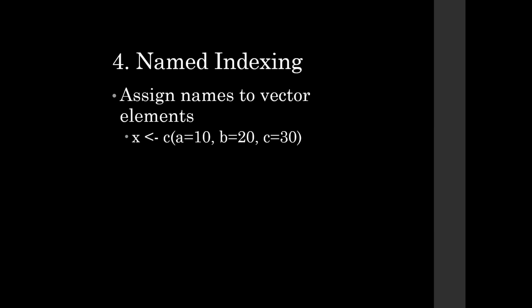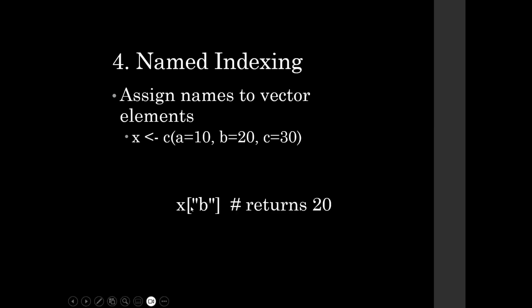Now you can also assign names to vector elements. For example, in this specific example, x is the vector object, assignment operator, followed by the combination of three elements 10, 20, and 30. So here by using the equal sign, you can assign them names. For example, 10 is assigned the name A, 20 is assigned the name B, and 30 is assigned the name C. If you do it like that, by assigning the names, you can also access the vector elements by using their names.